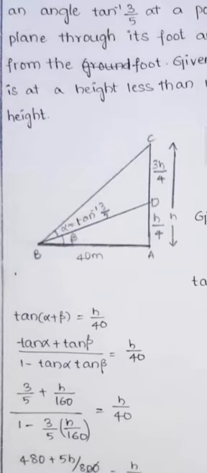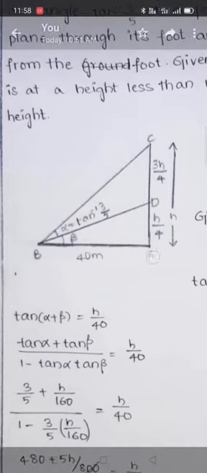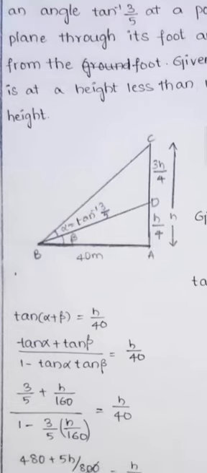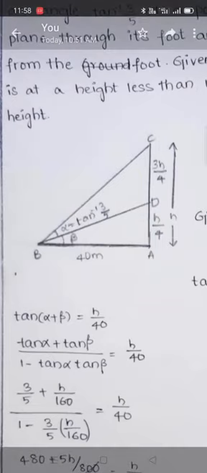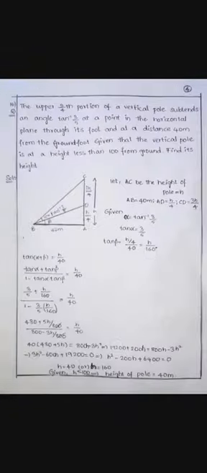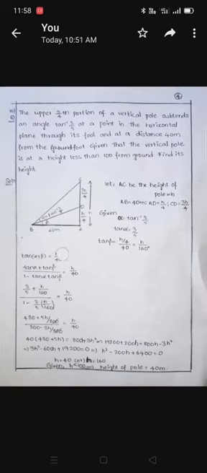AC bar is of length h and AB bar is of length 40. So tan of alpha plus beta is equal to h by 40.